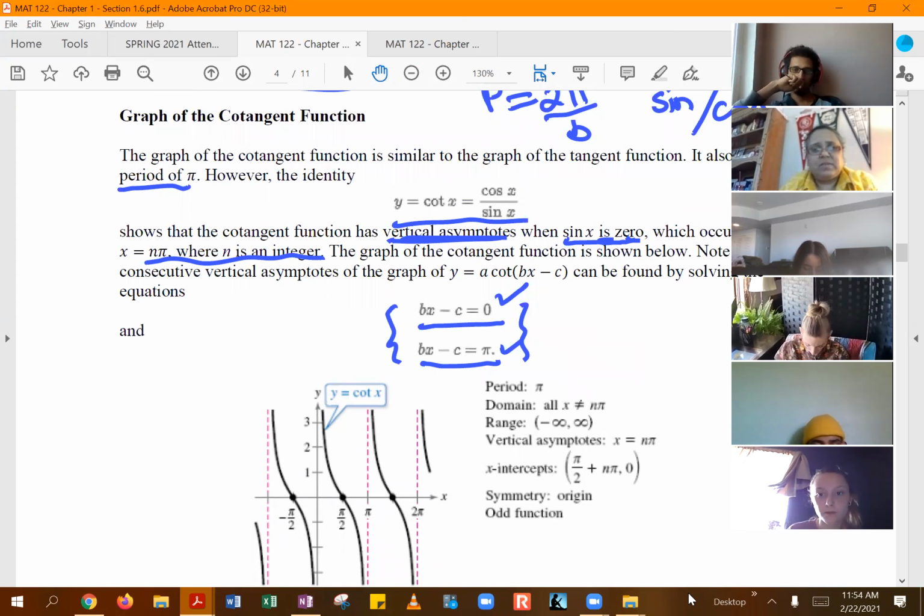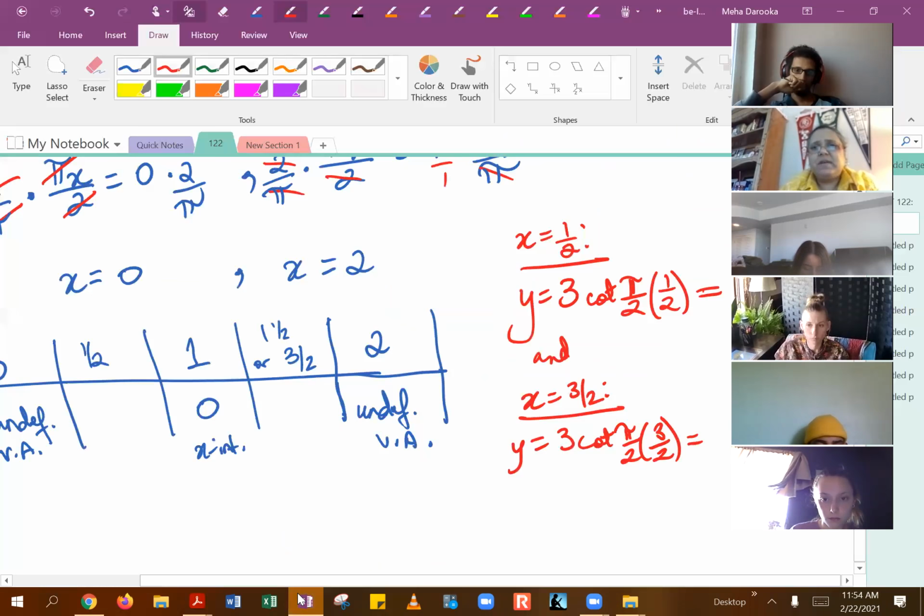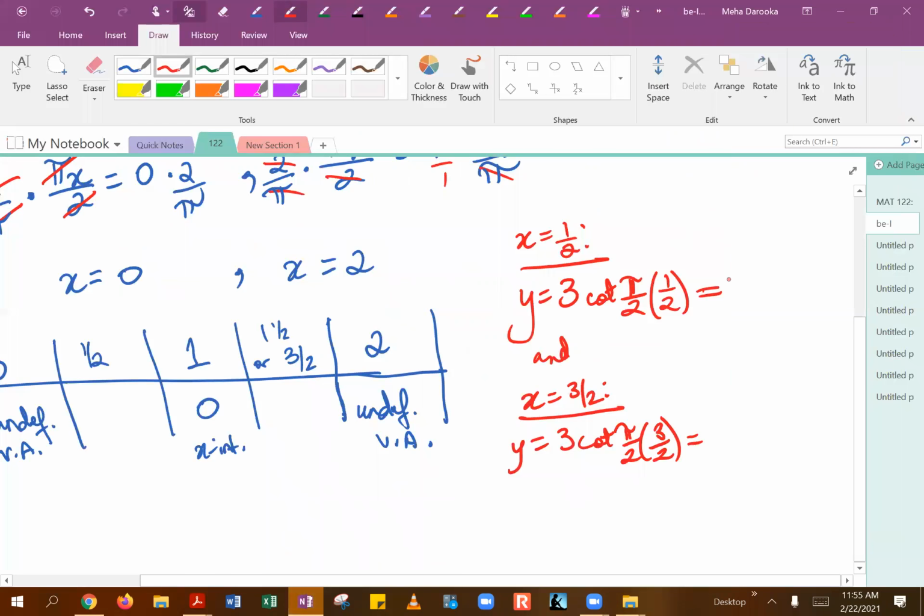Okay, so let's see, I'm guessing you guys are giving me the positive 1/2 first, since that's the first in our table, as positive 3, and then negative 3 for the 3/2. So positive 3 for this one, negative 3 for this one. So let me do just a quick check on these.